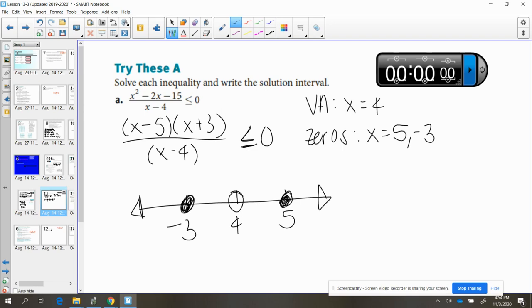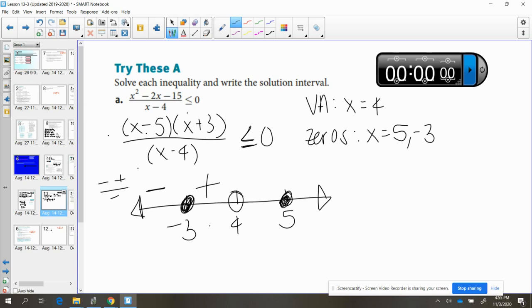Now, when we test our interval values here, if I pick a very, very negative number, like negative 100, I would have a negative times a negative divided by a negative. So a negative times a negative is positive, but divided by a negative value is going to overall be negative. If I pick a value between negative 3 and 4, so let's say 0, I would have a negative times a positive divided by a negative, though. So that would actually end up being a positive value.